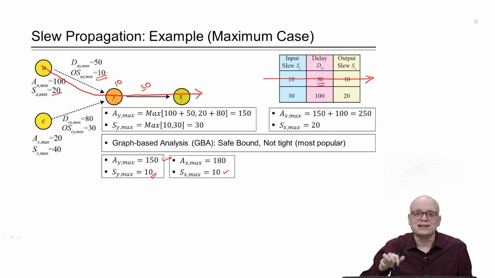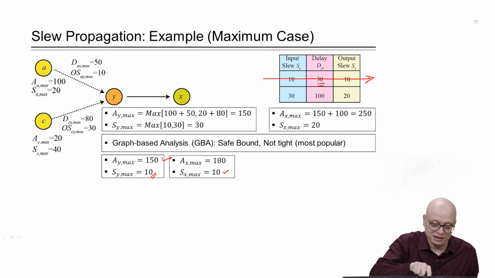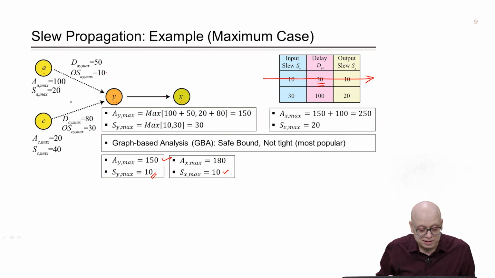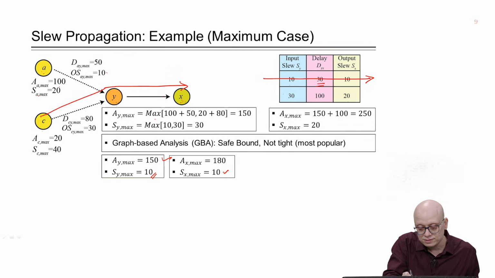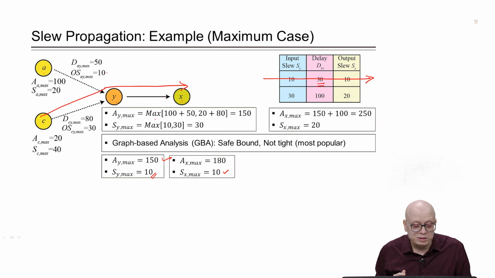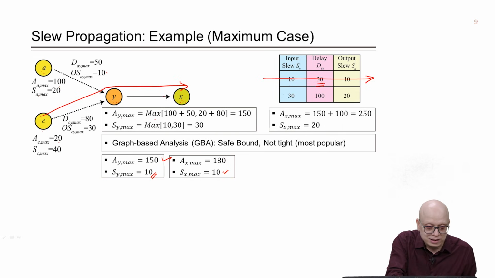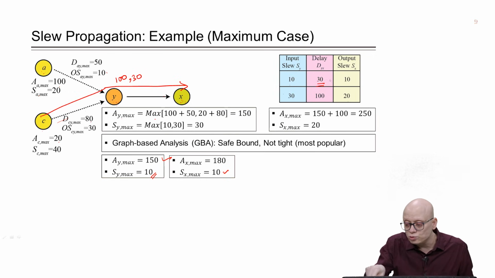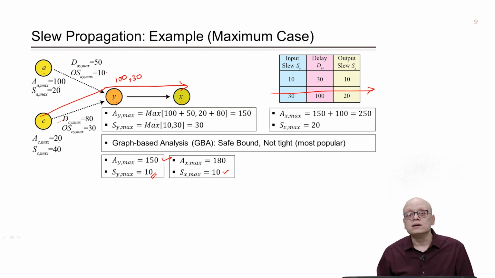Now, let us take the other case, where the signal is propagating through C to y and then to x. What will be the arrival time in this case? The arrival time at y will be 20 plus 80, that is 100, and the slew will be 30 corresponding to this edge. Now, since the slew is 30, we have to read this row in the table.